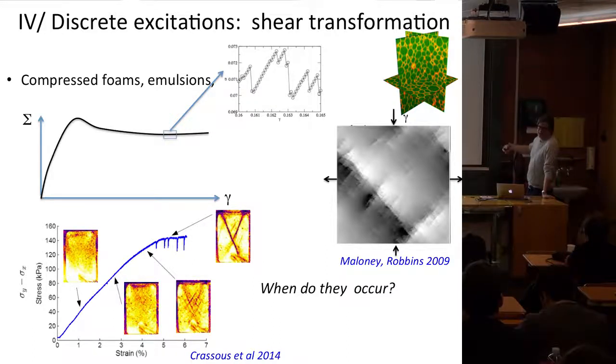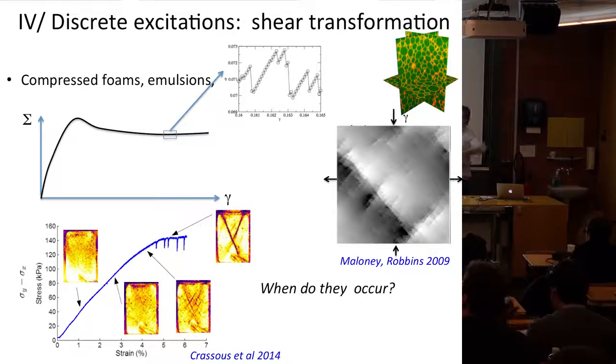One result I want to discuss that we can get from what I will tell you concerns the following question. When do you have this kind of avalanche-type response? Here, if you look here, for example, you see that the big avalanches completely span your system. They are system spanning. And the question is, but that's very special.